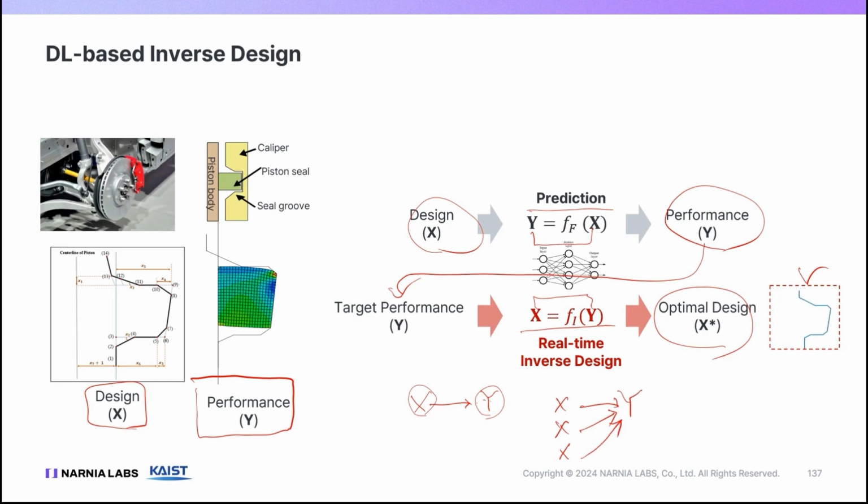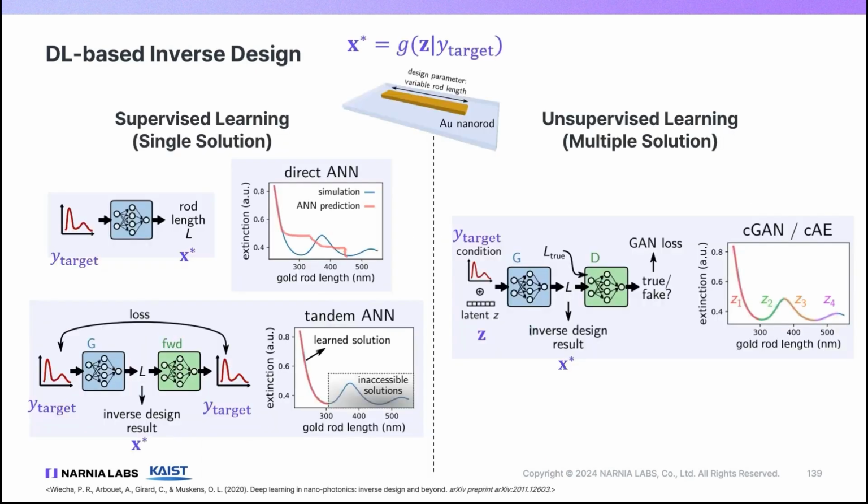However, in the field of design, there are frequently encountered situations where entirely different designs result in the same performance. Of course, that is indeed the case in many practical scenarios. That's why you can't simply swap X and Y and train the model. So this led to the following idea. Deep learning-based inverse design is ultimately about generating the optimized X when you give Y as the target.